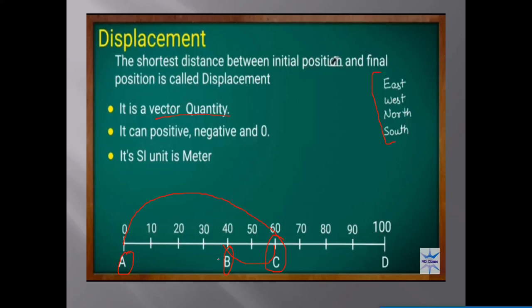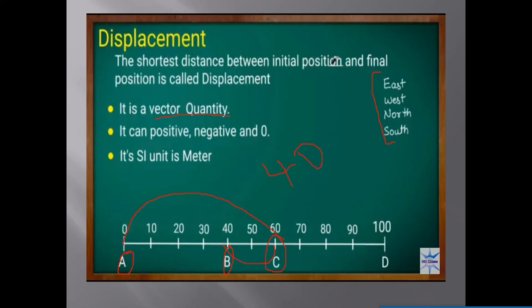At position B. Then what is the shortest distance? The shortest distance is 0 to 40. So I can say the displacement is 40 kilometers. Since I have taken the magnitude unit as kilometer, I can say 40 kilometers.